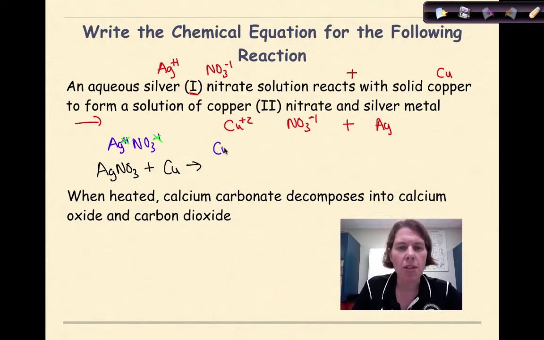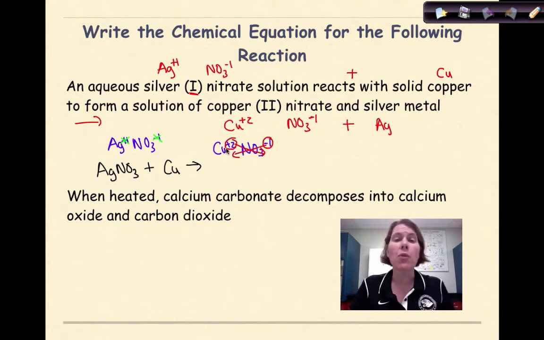So my next formula is Cu plus 2, NO3 minus 1, and I'm going to cross these down. That's going to be absolutely key here. So the plus 2 is going to go down here, and the minus 1 is going to go down here. But I remember back to my chemical formulas review, and what's the mantra? No positives, no negatives, no 1s.